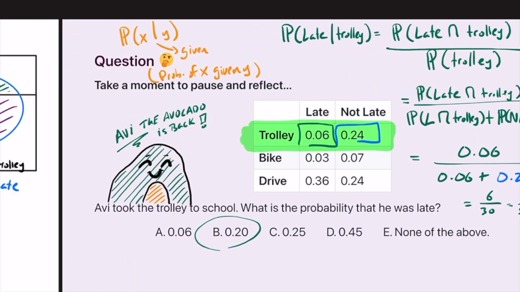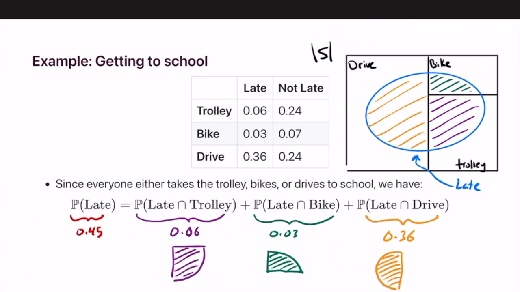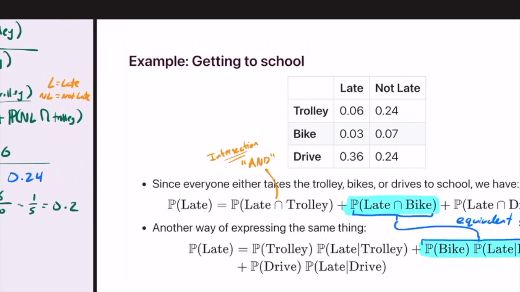Because you could have a student in drive, and they could be either late or not late, but they can only be in drive. You can't have a student that does like that, or God forbid that, or this. They're either here, here, here, here, here, or here. Those are the only 6 possibilities.